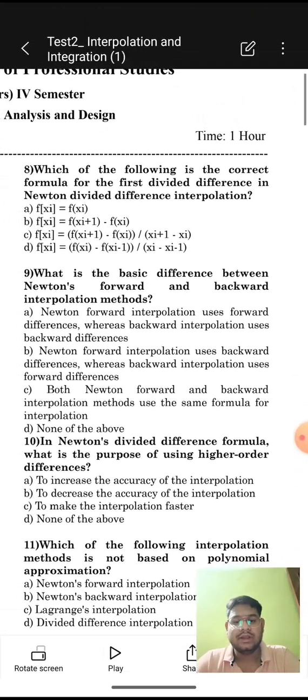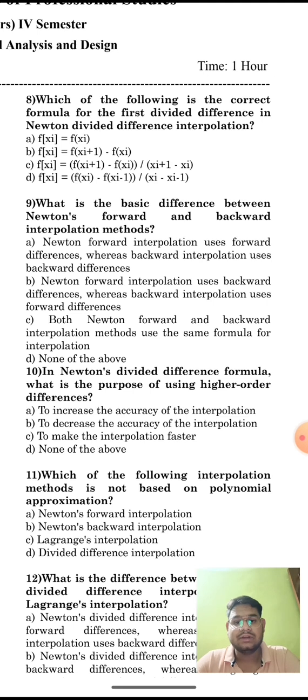Which of the following is the correct formula for the first divided difference in Newton's divided difference interpolation? Options are option A. f[xi] = f(xi). Option B. f[xi] = f(xi+1) - f(xi). Option C. f[xi] = (f(xi+1) - f(xi)) / (xi+1 - xi).